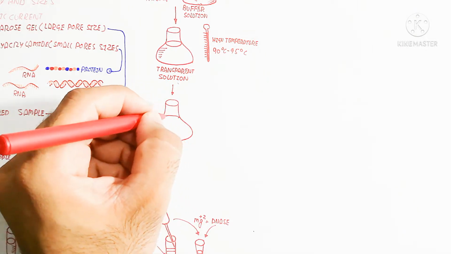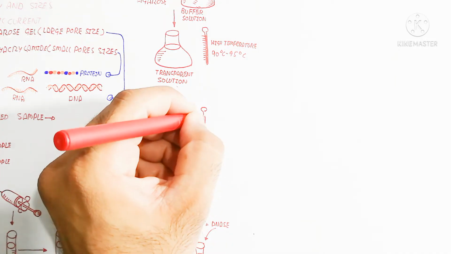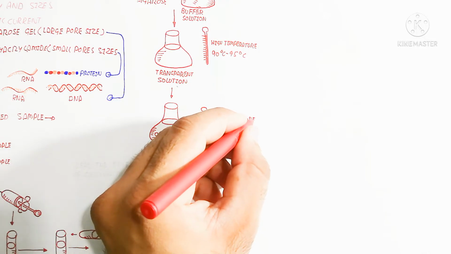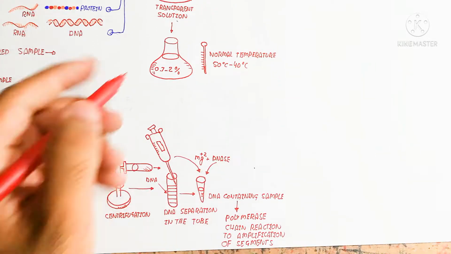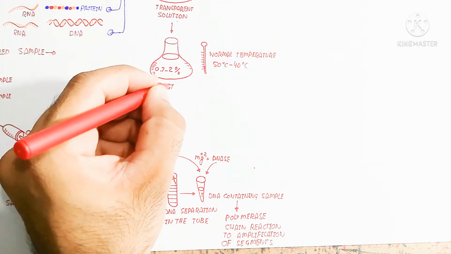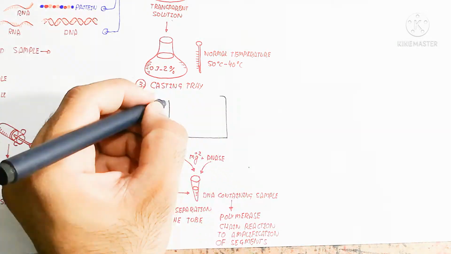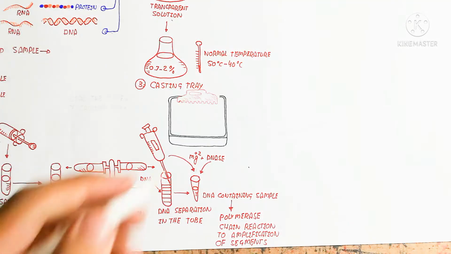Usually 0.7 to 2% agarose gel is produced. After the high temperature, we cool it down to about 50 to 40 degrees Celsius, when it looks transparent like water.